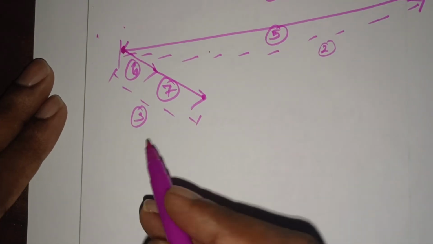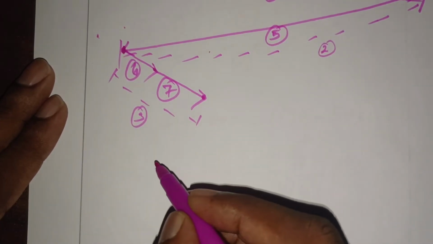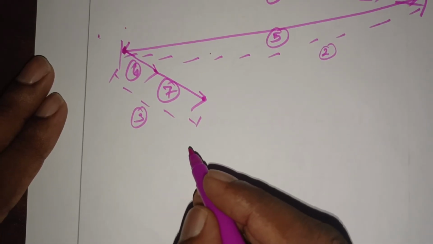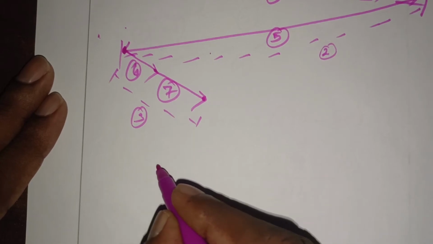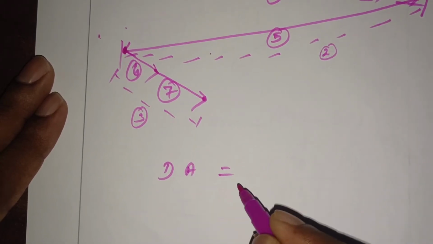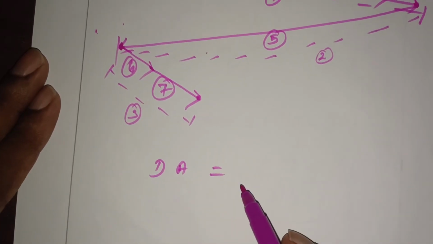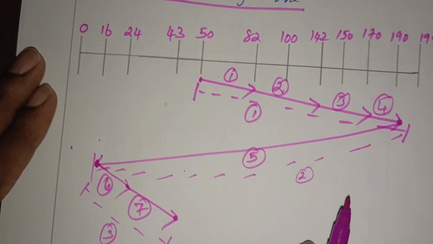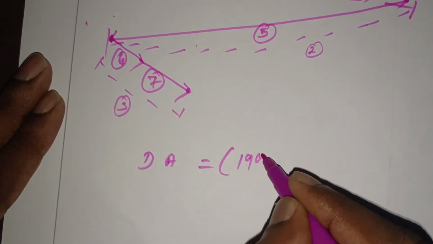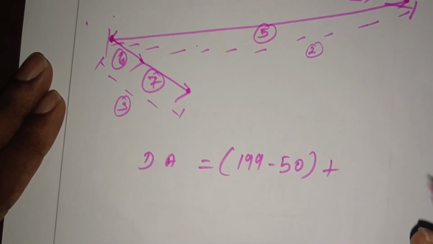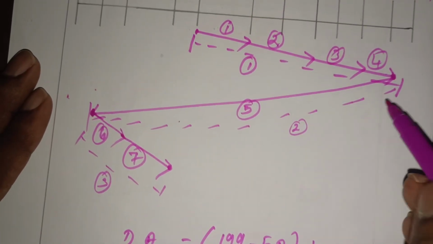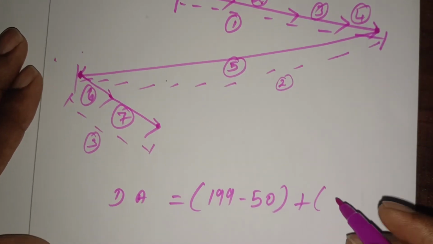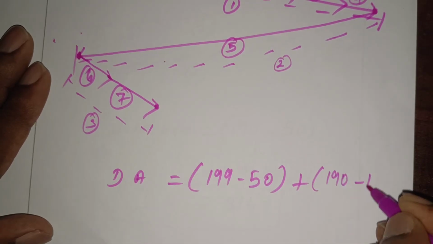This is the final algorithm. Let's check whether it is giving the smallest value, which we have to consider as the best. So here, the total distance covered by this particular disk arm is equal to the first sequence, 50 to 199, so 199 minus 50, plus the second sequence, which starts again from 199 to 16, so 199 minus 16.